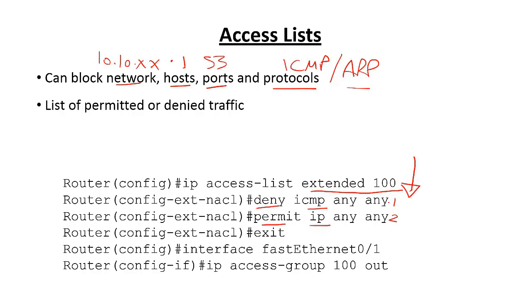But as soon as the access list reaches a line, say it's ICMP traffic, it would reach this particular line, it would be a match and it would be denied. The access list wouldn't go all the way to the bottom. If it's not ICMP traffic, it would reach the next item on your list, and the chances are it's going to be some other sort of IP traffic and it would be permitted.